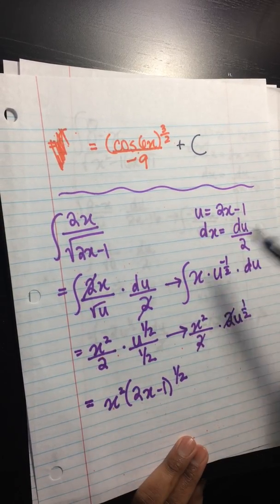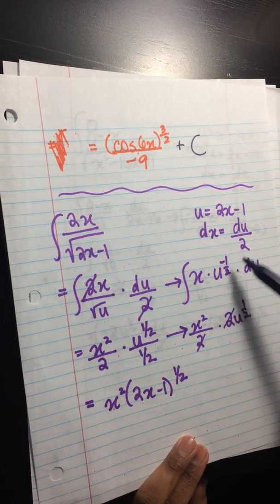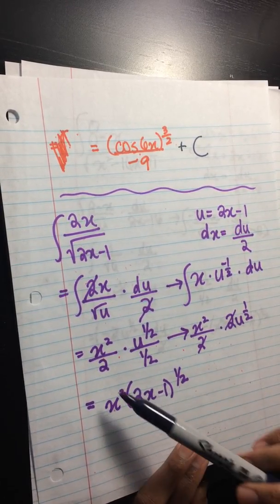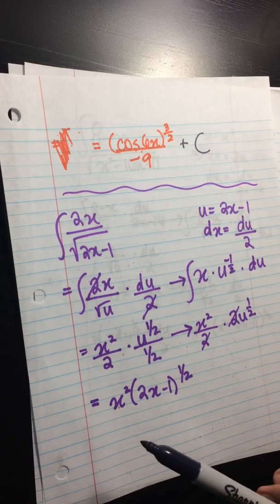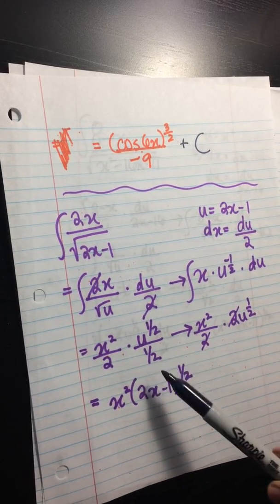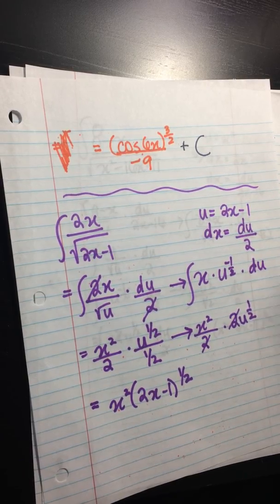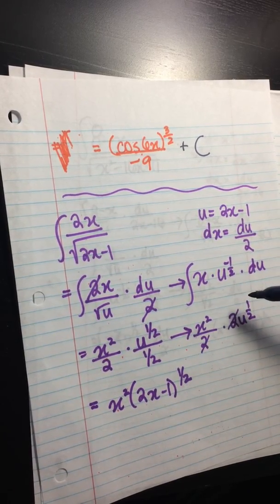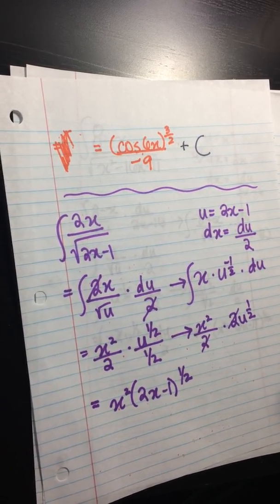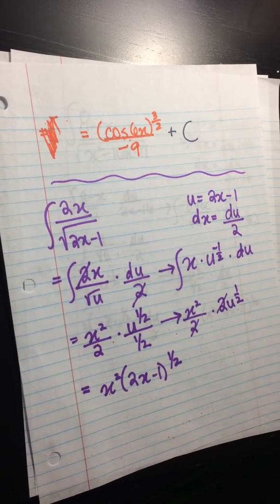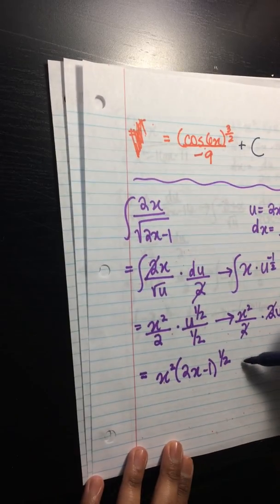The u's can cancel out, so you'd be left with x times u to the power of negative half times du, which you can simplify that. So x squared over 2 times u to the half over 1 over 2, you integrate. So you integrate it, not simplify it. And now you simplify it, and the answer would be x squared, and then in parentheses 2x minus 1, which was the u, to the power of half plus c.